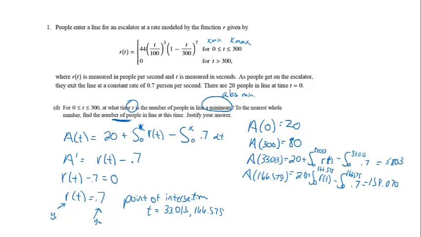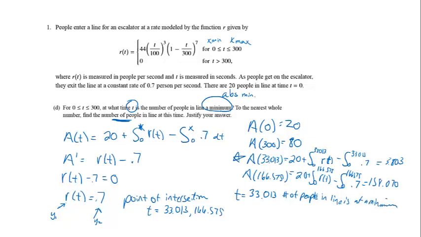Okay, so the question asks, at what time is the number of people in line a minimum? Well, I notice my answers are 20, 80, 3.803, and 158.070. So I can see a minimum occurs here, and it says at what time is the number of people in line at a minimum? So my answer is going to be at t equals 33.013, the number of people in line is at a minimum.